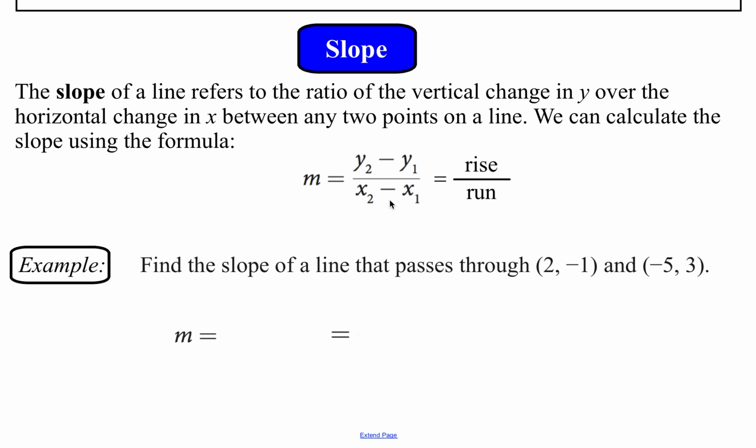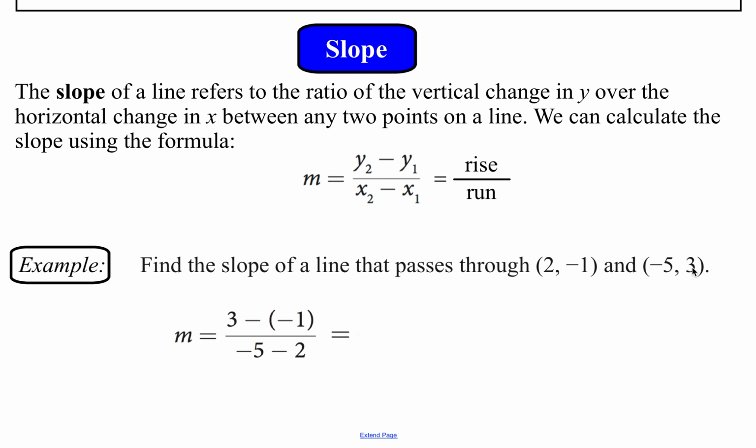So let's look at what that looks like in practical matters. We have a question here that says find the slope of a line that passes through these 2 points. So again, we want to just choose the change in the y variables. It doesn't matter which one you choose first, whether this is y1 or y2. I just chose 3 first. So 3 minus a negative 1. So you're going to want to set up parentheses when you have a lot of negatives here.